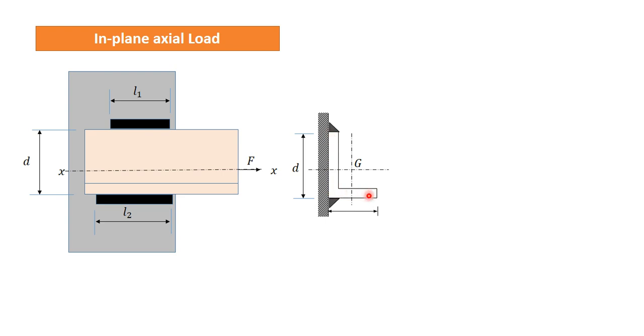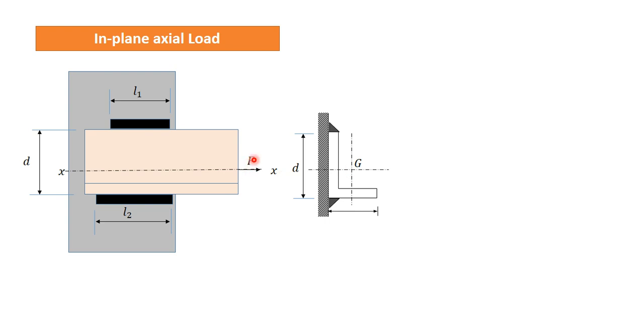First of all, to find the location of this axial load F, we have to locate the CG of this cross section through which we are applying load F. The primary condition is that we apply the load along the axial direction, and that axis is passing through the CG along the length of the member.